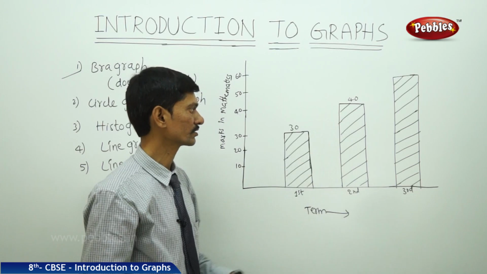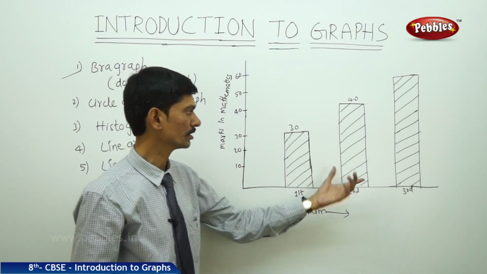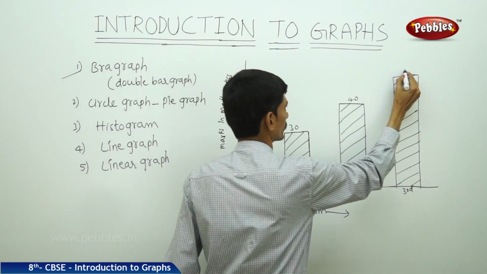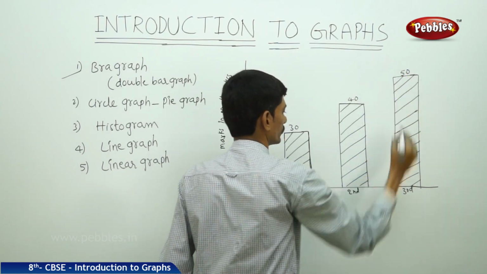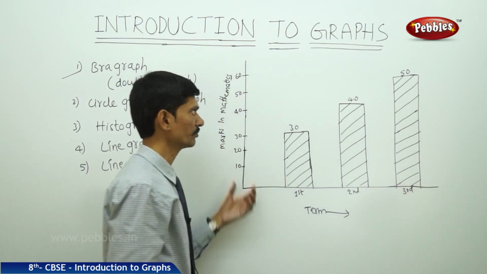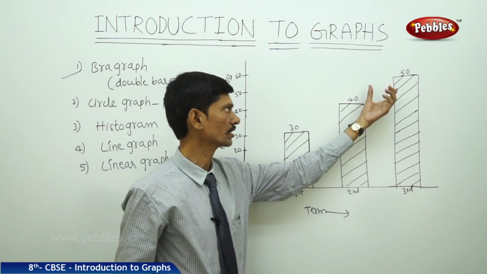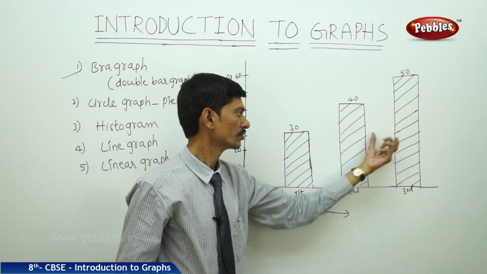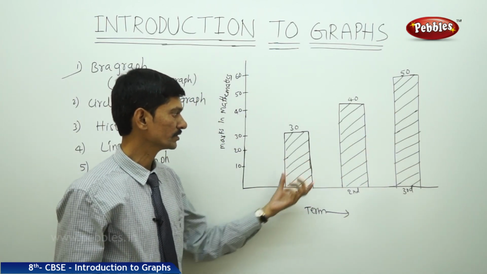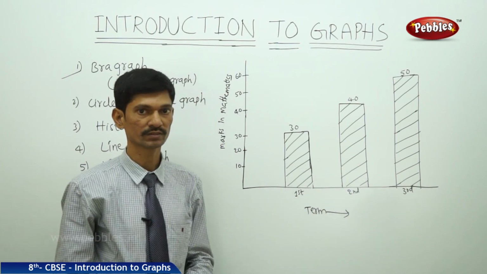And in the third term exam he got 50 marks. To show the 50 marks in the third term examination, there is another rectangle. So these three vertical rectangles show the first term, second term, and third term examinations.